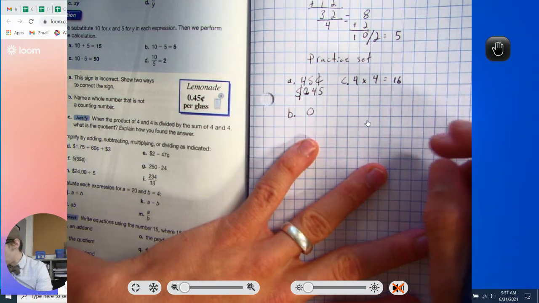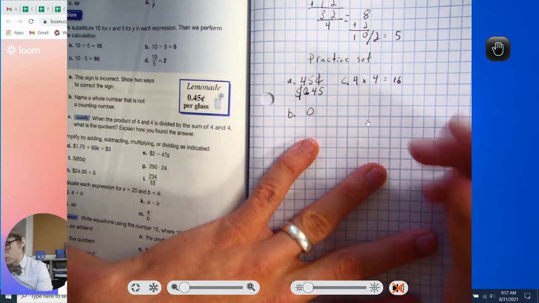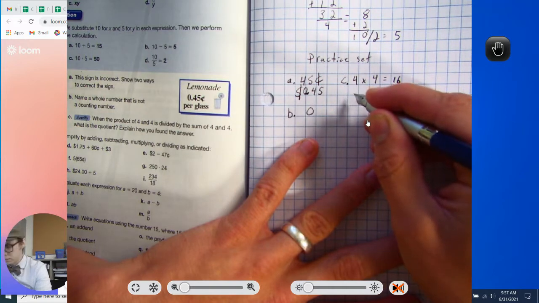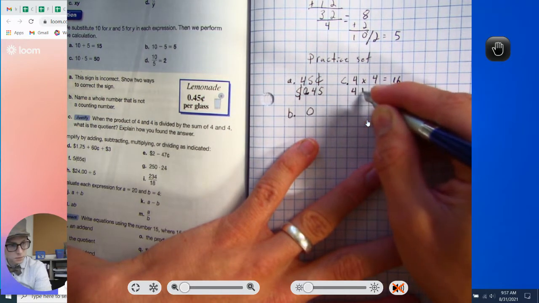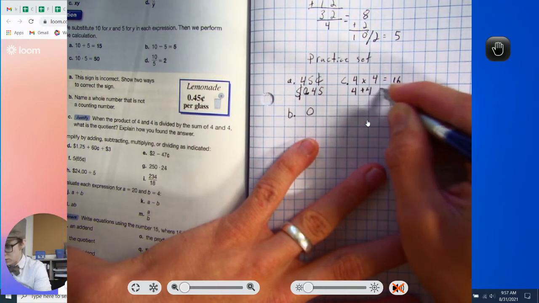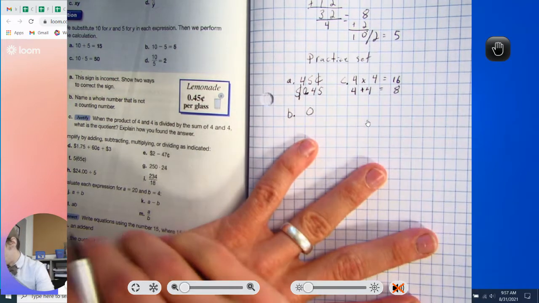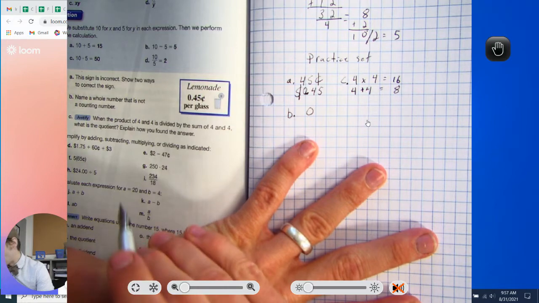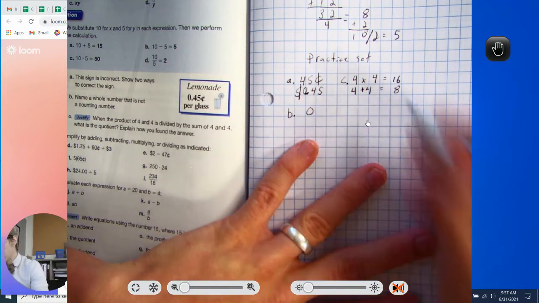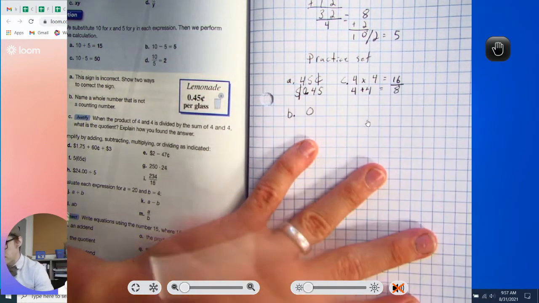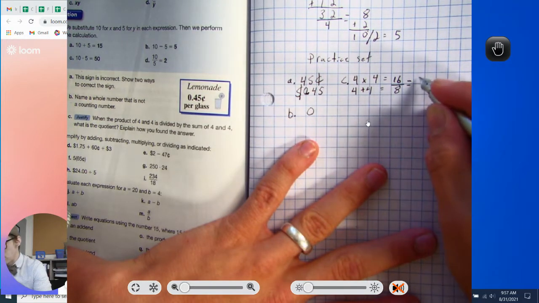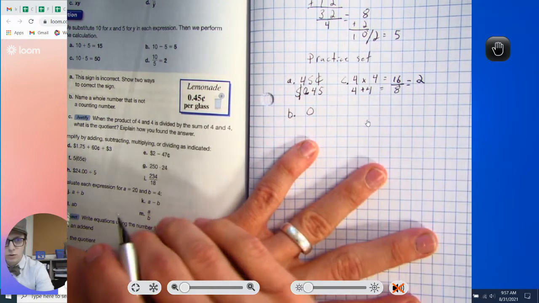Then the sum of 4 and 4 is 4 plus 4, which equals 8. Then the quotient: 16 divided by 8. Well, 8 goes into 16 2 times. So 2 is your quotient.